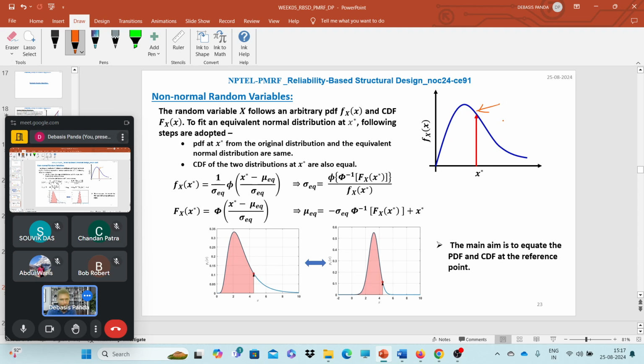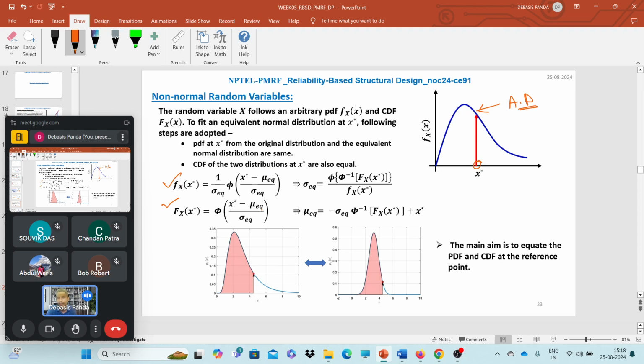So if we have any arbitrary distribution, first select one point. Based on that point, you need to find the PDF and CDF with respect to the equivalent normal distribution.